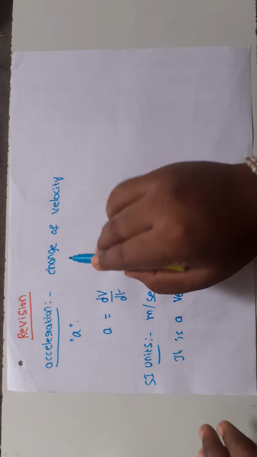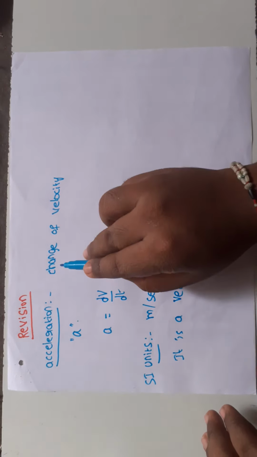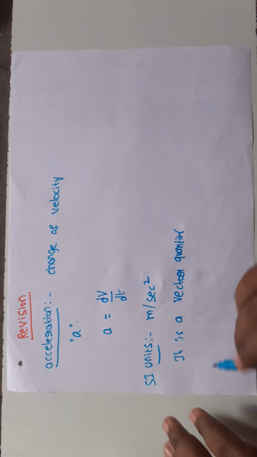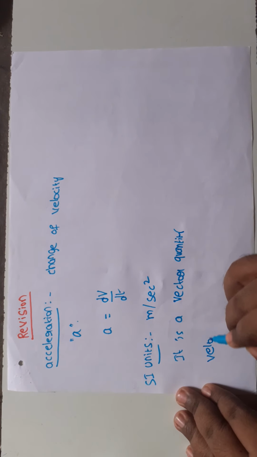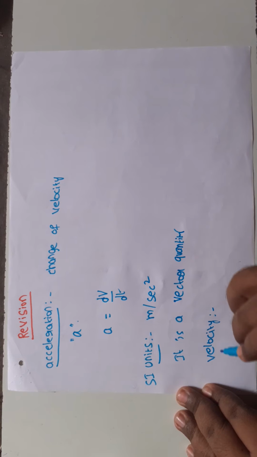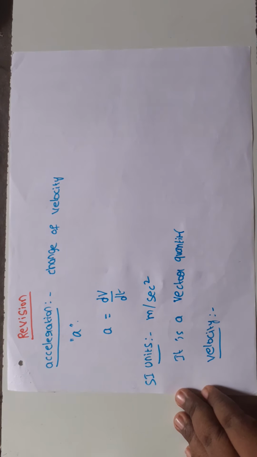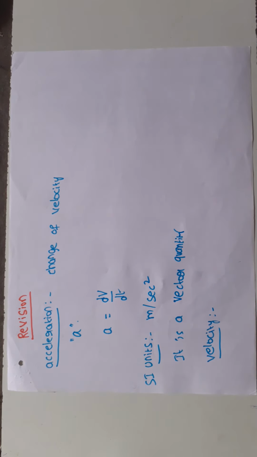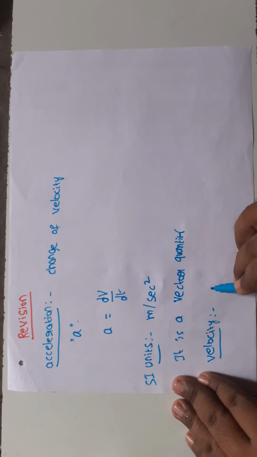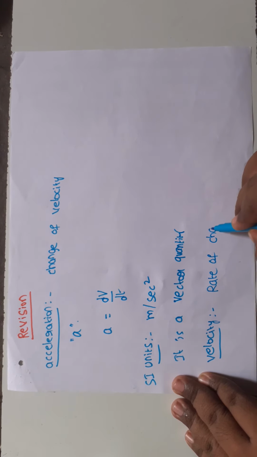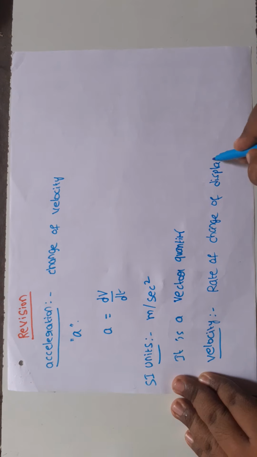Next, here we already discussed: acceleration means change in velocity. What is meant by velocity? Okay, understand? What is meant by velocity? The rate of change of displacement is called velocity.